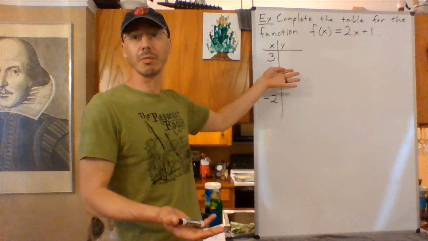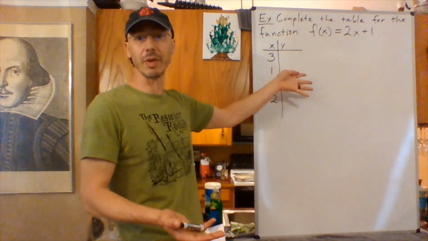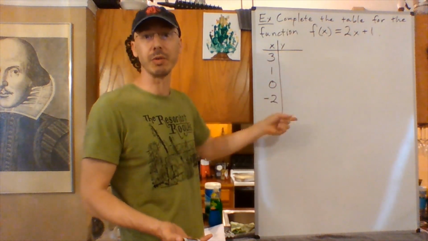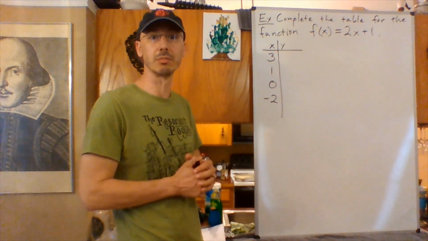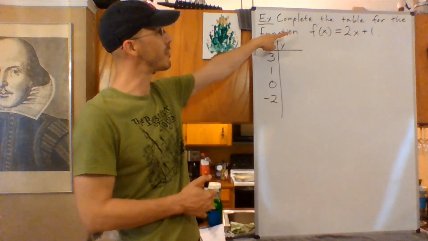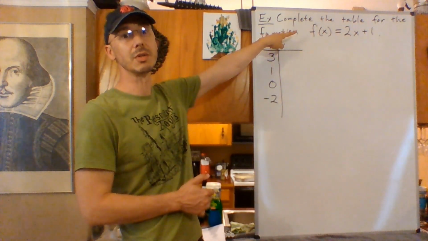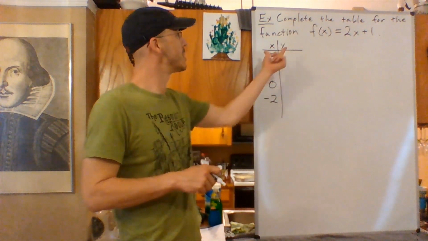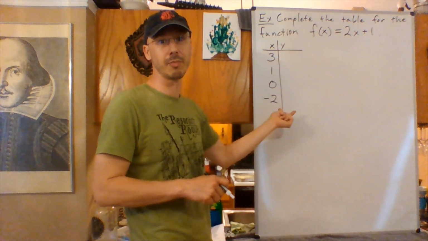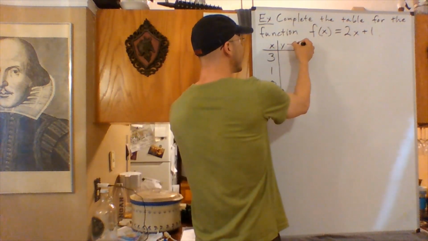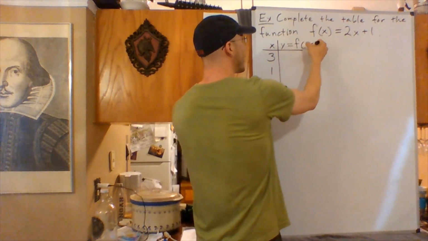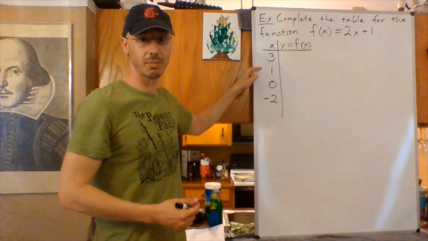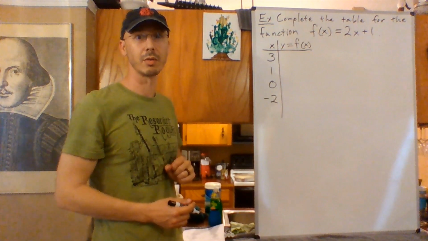It may be 4 different output values, but as long as each of these only has 1 output value, it's still a function. The function we're going to use is f of x equals 2x plus 1, and the table I'm making is an xy table. Now these y values, though, those are the f of x values that correspond to these 4 x values.